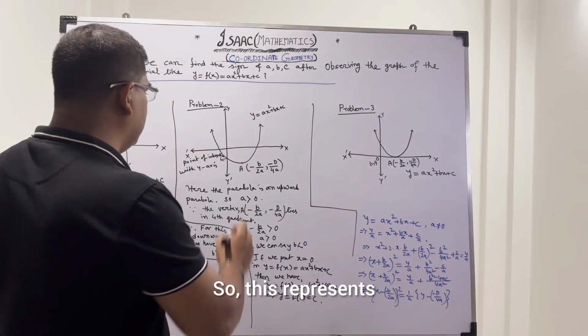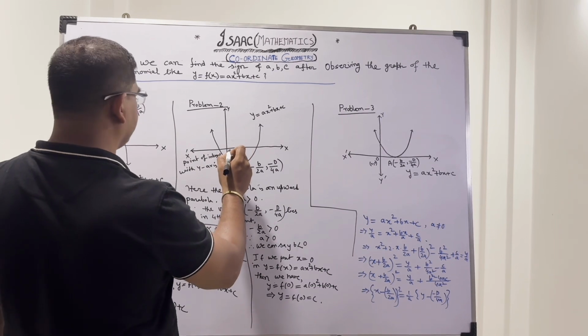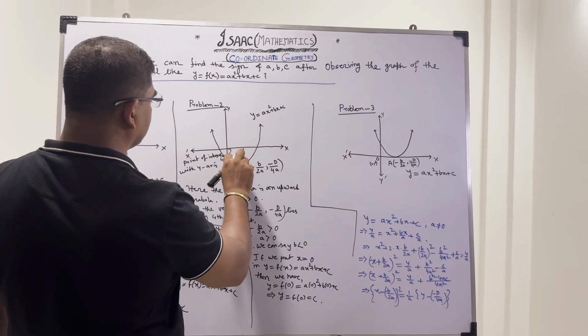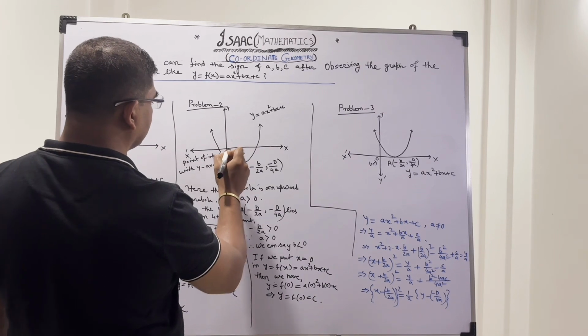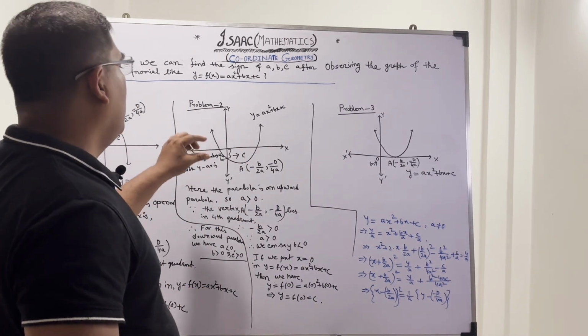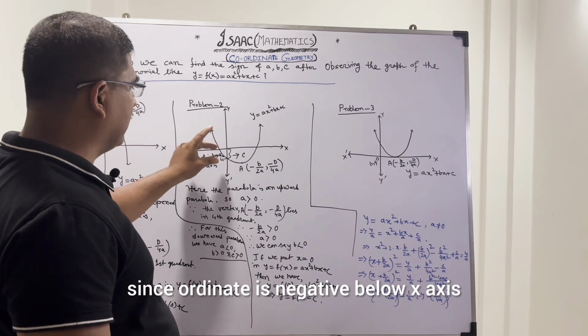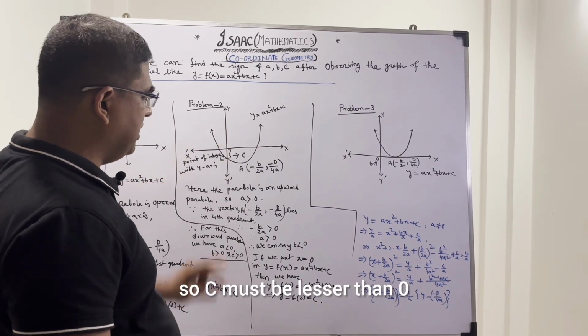So this represents c. Since the ordinate is negative below the x-axis, c must be lesser than 0.